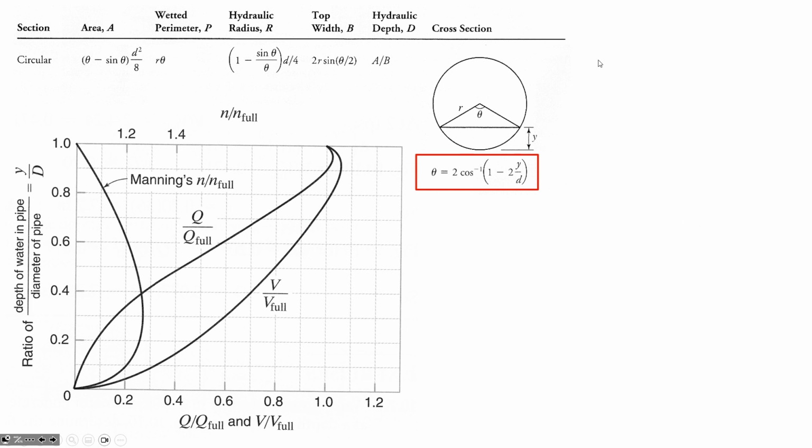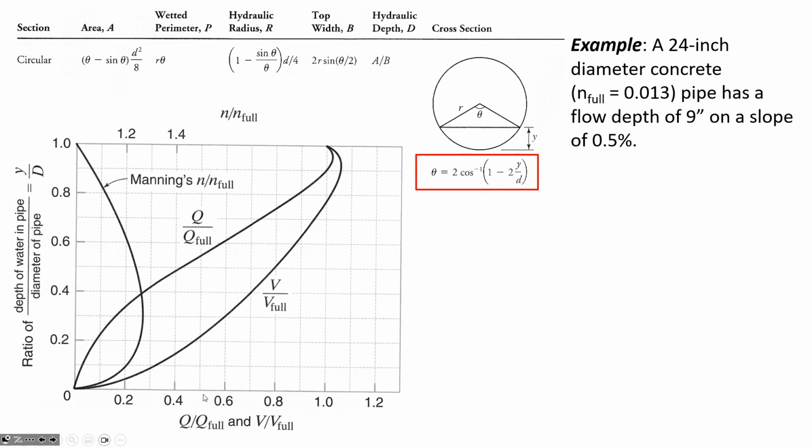If you find the flow rate of the pipe if it was completely full, and you know the depth of flow compared to the diameter, then you can use this figure: you go over here, find the point of intersection, and then down to the horizontal axis is the flow rate compared to the full flow rate. So that's one method with the nomograph.